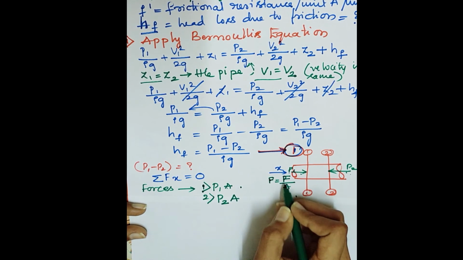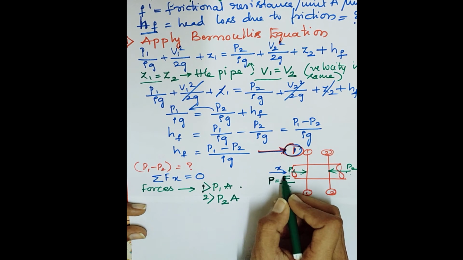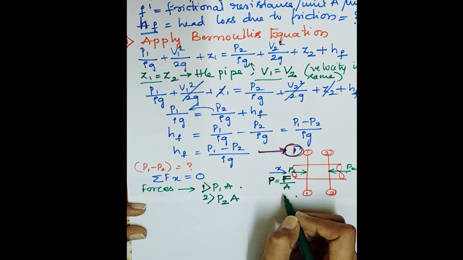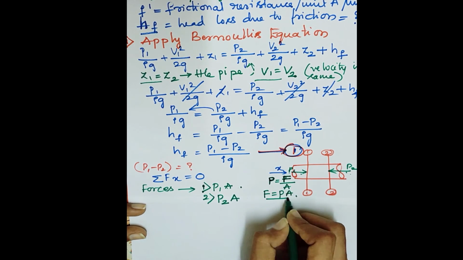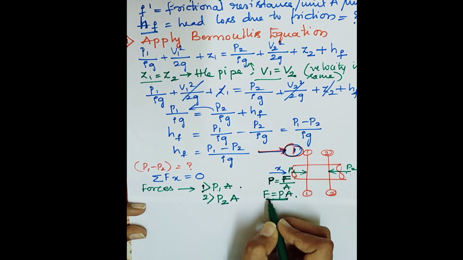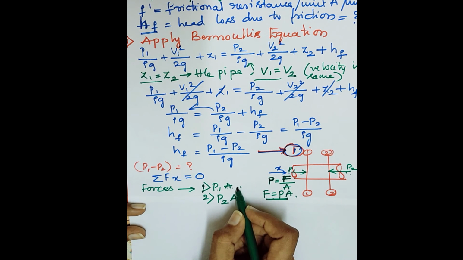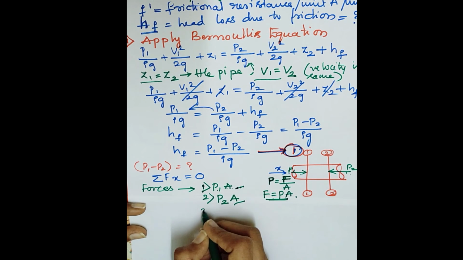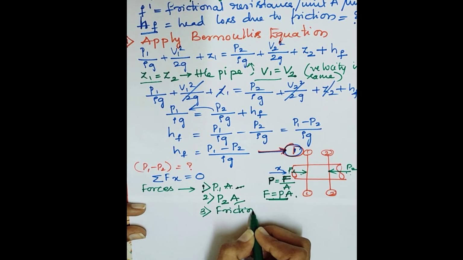We have a basic formula: intensity of pressure is force by area. So the pressure force F is equal to P into A. We have applied the same here. Another force which will act is the frictional force.